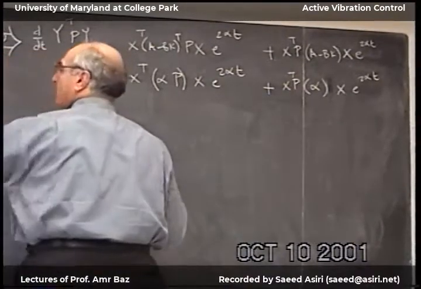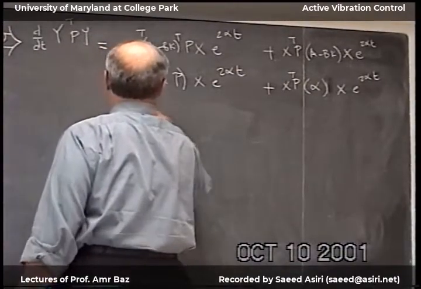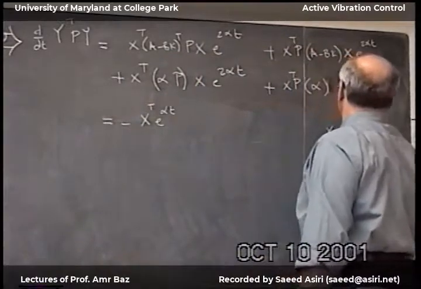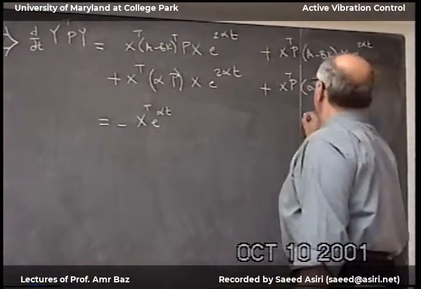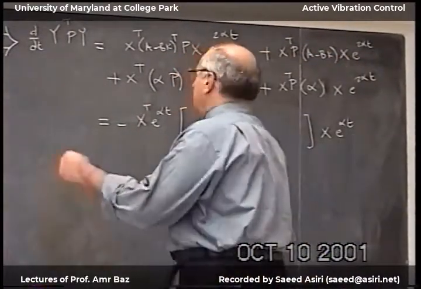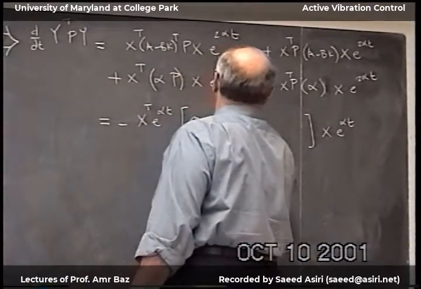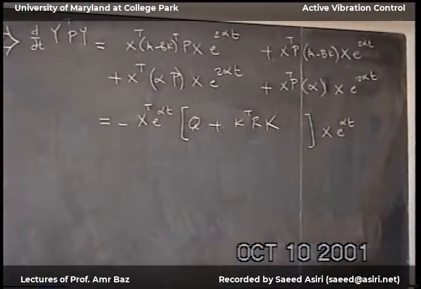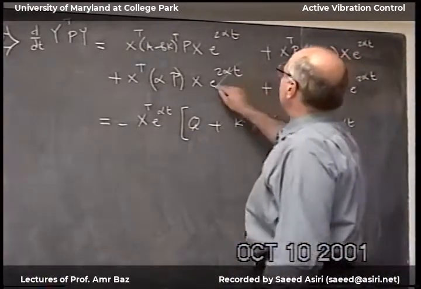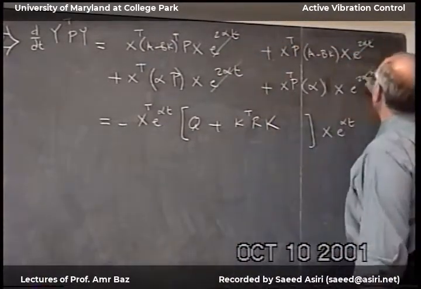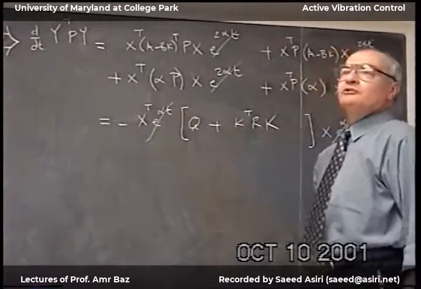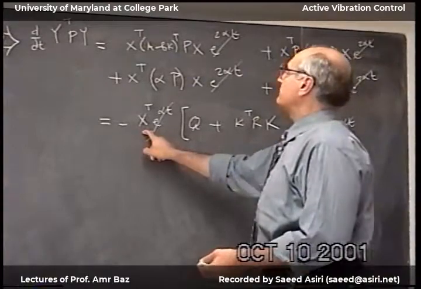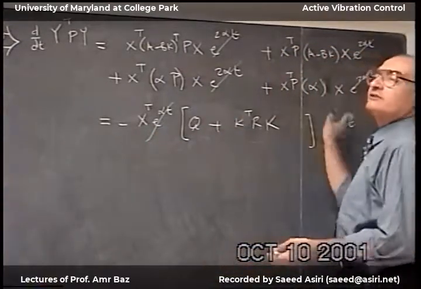So the y transpose will be x transpose e to the alpha t, and the y will be x e to the alpha t, and then the in between, and then now we have this term will drop from the two sides, and then we have x transpose in each one of these terms.